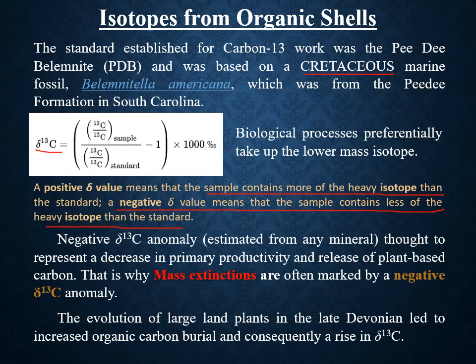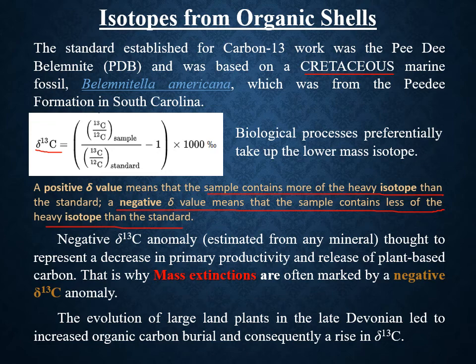Now, the biological processes preferentially take the lower mass isotopes, that is, they preferentially take 12C. So all the organisms' shells and hard parts preferably take 12C from the environment, from the marine water.